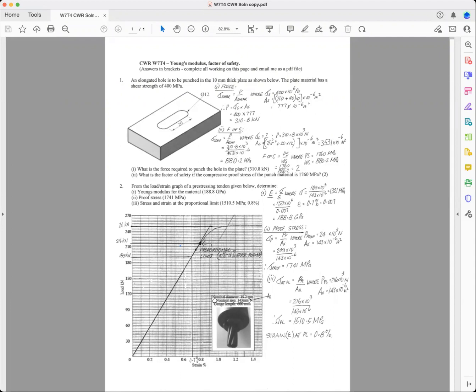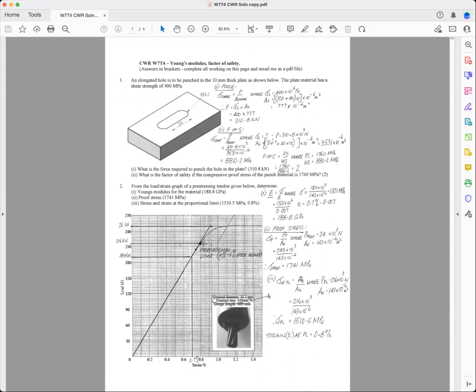And so you've got to work out what the compressive stress is when you apply a force of 310.8 kilonewtons to the punch. And the reason why you've got to find the compressive stress there is because that's the working stress of the punch.